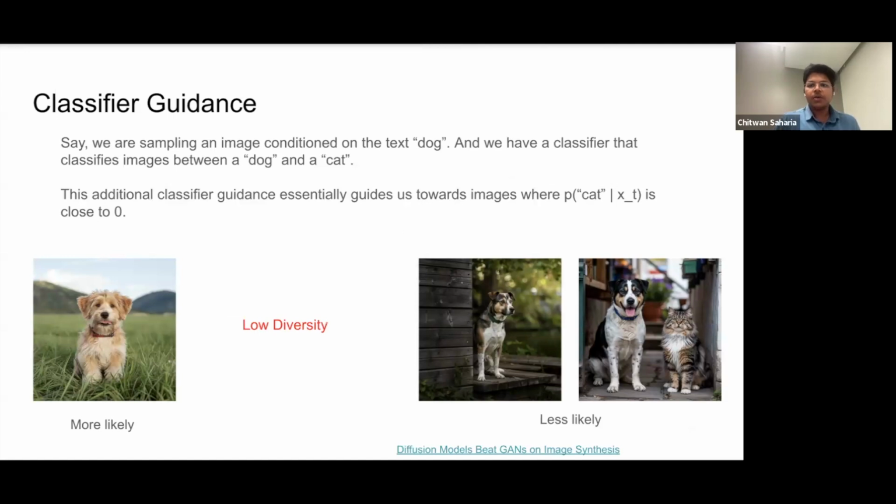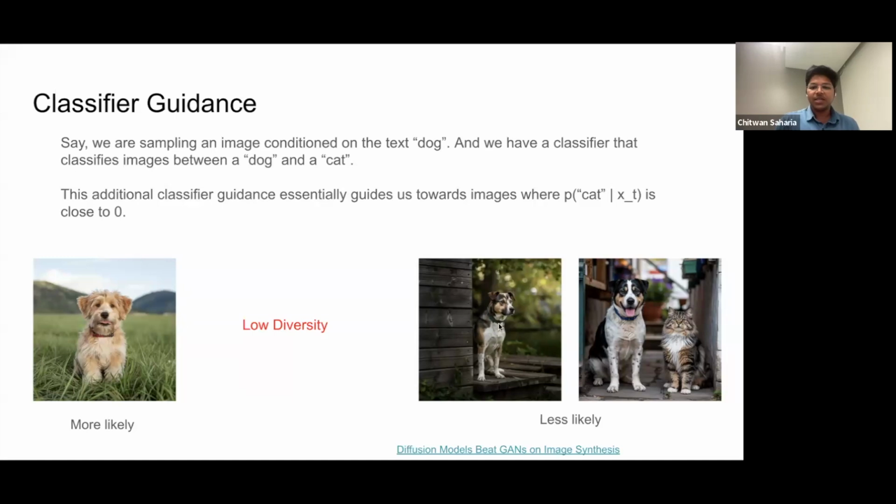So yeah, just following up on that example, a dog versus a cat, we are basically saying guide us towards images where p of cat given xt is close to 0, if you're generating a sample of a dog. The higher the lambda, the more we emphasize this. So now imagine what the diffusion model would do. It will generate images where the dog is facing towards the camera, front and center, because anything slightly deviating from that, the classifier may say it's 0.99 dog and 0.01 cat because it's not really sure.